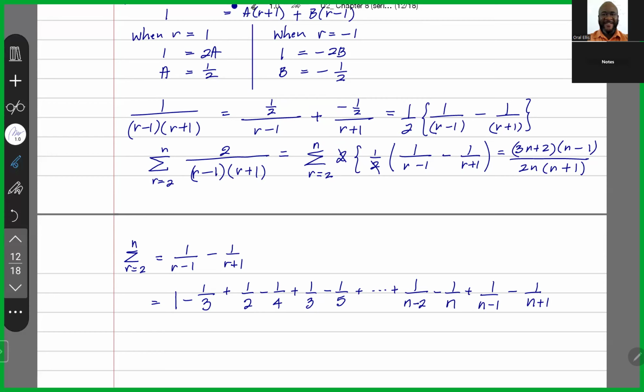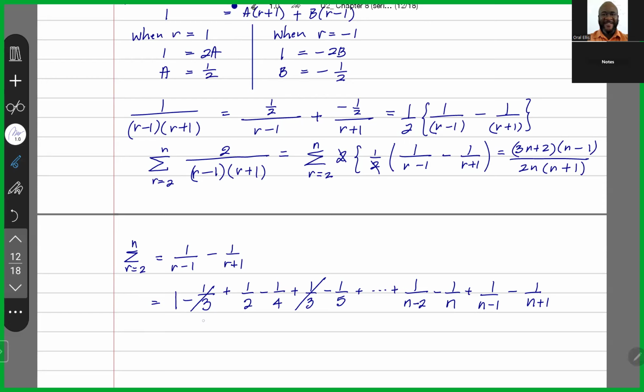So let us see which terms are going to disappear. In other words, here we have minus a third and positive a third. So the negative term, we'll find the positive version of it two values to the right.